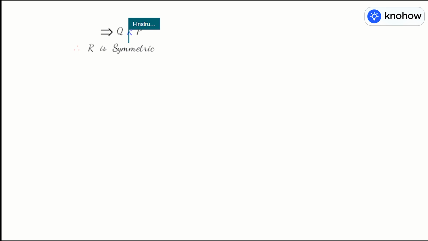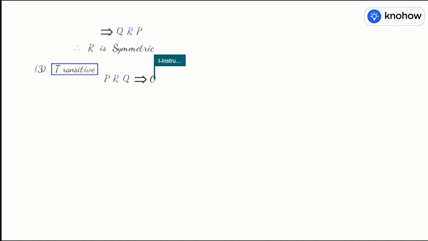Now to check the transitive property, let P be related to Q. That means OP equals OQ. And Q is related to a point S. That means OQ equals OS.